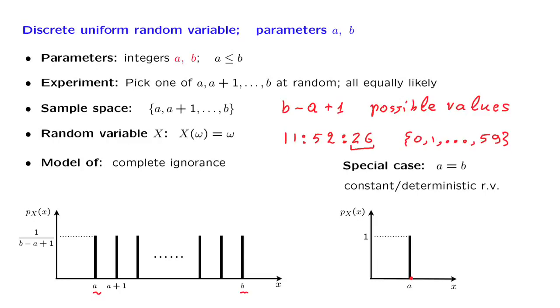It doesn't have any randomness. It is a deterministic random variable that takes the particular value of a with probability equal to 1. It is not random in the common sense of the word, but mathematically we can still consider it a random variable that just happens to be the same no matter what the outcome of the experiment is.